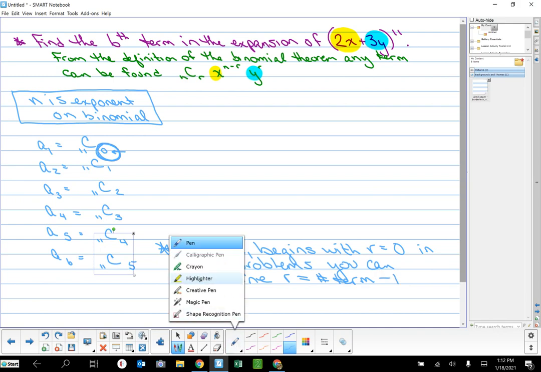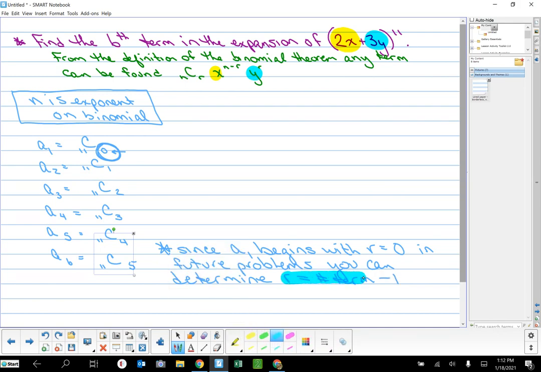Okay, so we wanted the sixth term, so we'd put in 6 minus 1, and r would equal 5, which is what we got here. But if you wanted the 11th term, you don't want to have to sit and draw these all out. Just take 11 minus 1. That would be, r would be 10. Okay, so that's what's happening for us.